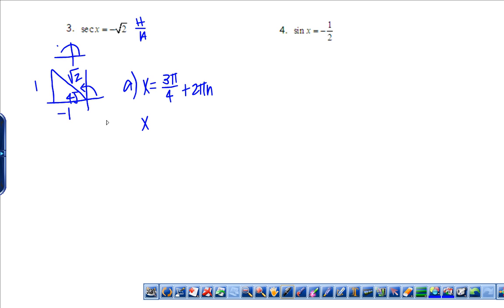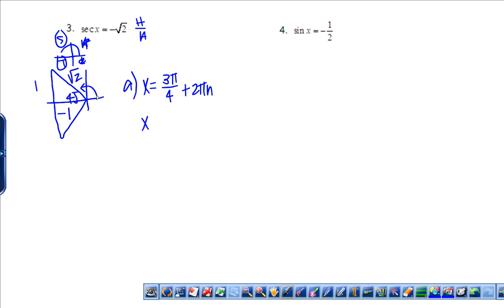And my second one, if I do all students take calculus, so where is secant negative, or where is cosine negative? Can't be here or here. So I've built it here in the second quadrant, and it's going to be in the third quadrant. So I'm going to build my second triangle down here.